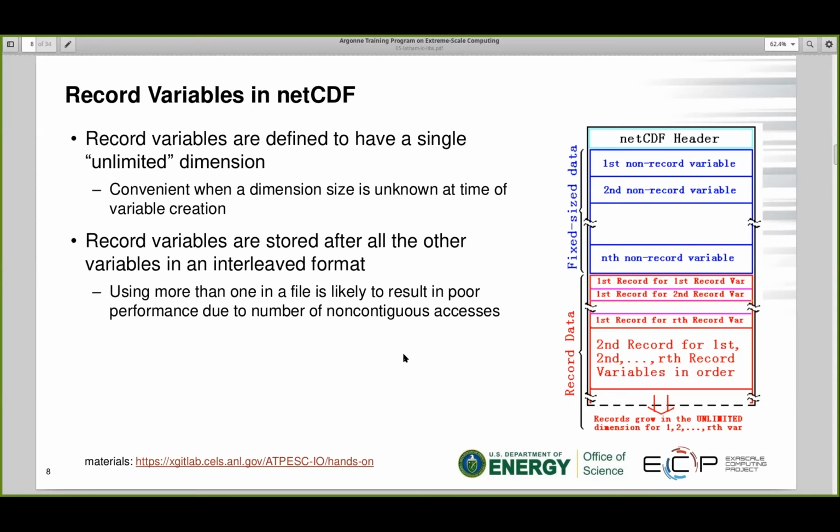They allocate some space, they're in the file, and no problems. But the variables that grow, these record variables, like for example a temperature sensor out in the prairies collecting temperature every 5 minutes or whatever the frequency is, we'll keep adding one of these records to a record variable. And maybe your data set has 10 of these record variables. If you try to read back the data, it will be highly non-contiguous because you're going to read the data in this interleaved fashion. And that's a performance pitfall that you may run into in ParallelNetCDF.